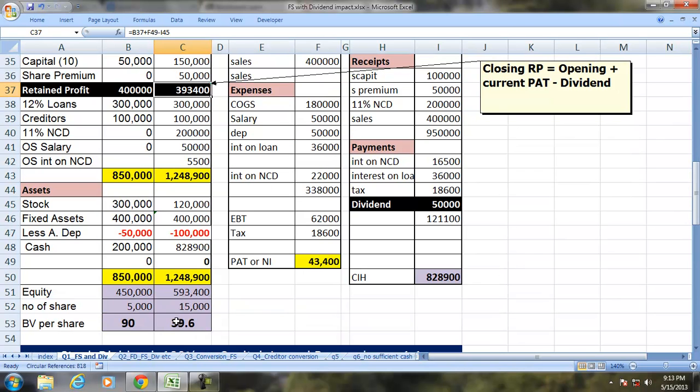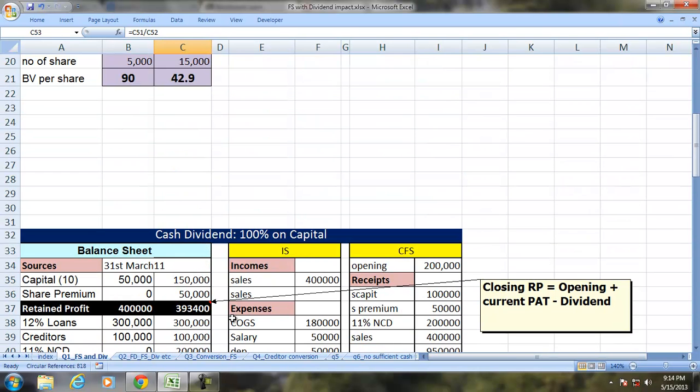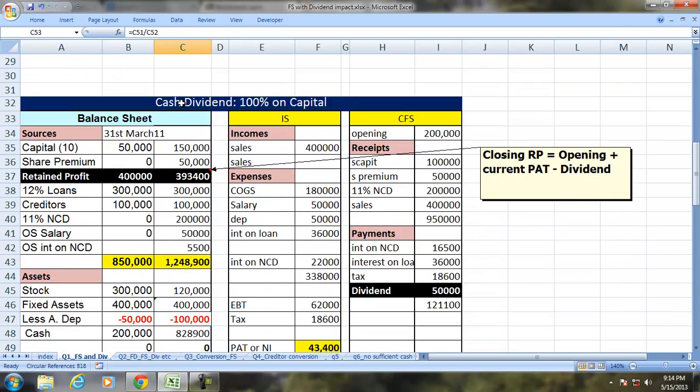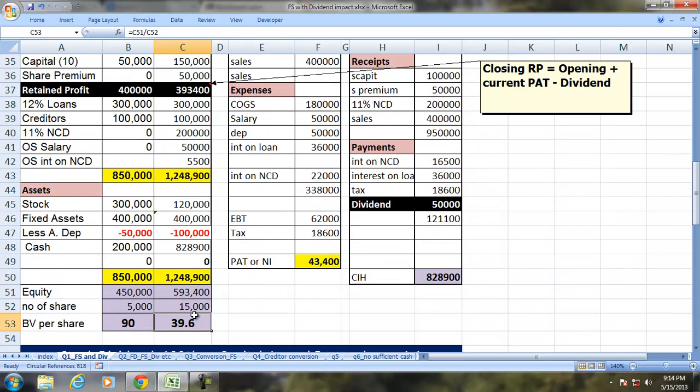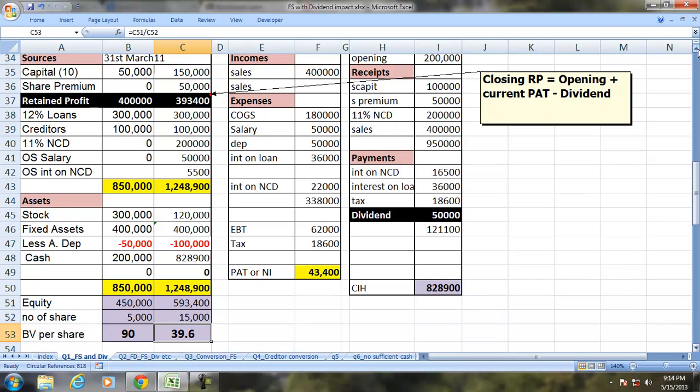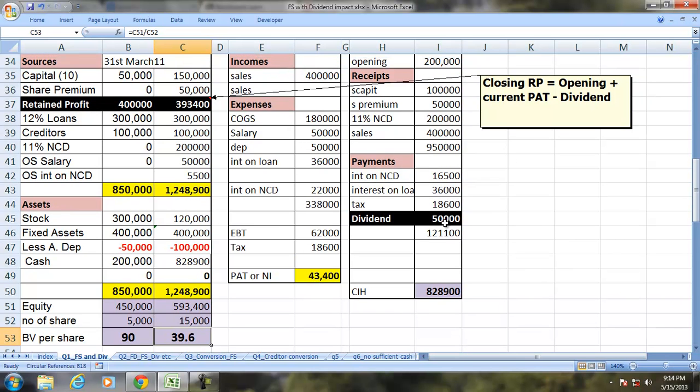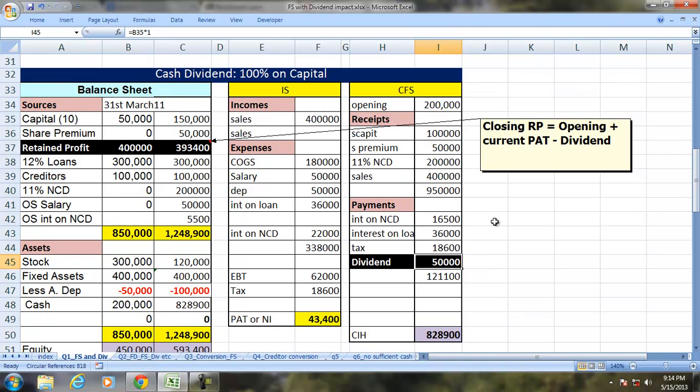So the book value per share reduced from 42.9 to 39.6. The reduction is because of the further reduction in the equity, and the reduction in equity happened because the retained profit reduced, and the retained profit reduced because we distributed dividend in the form of cash.